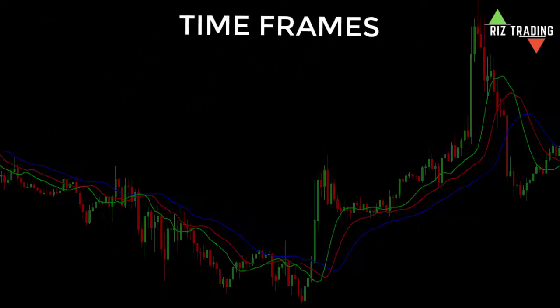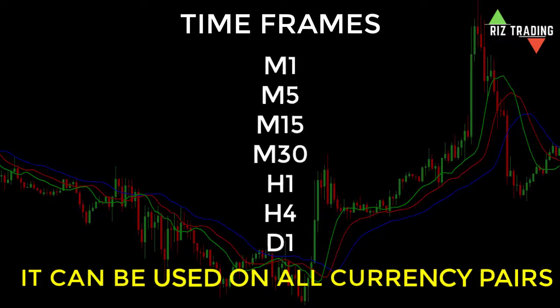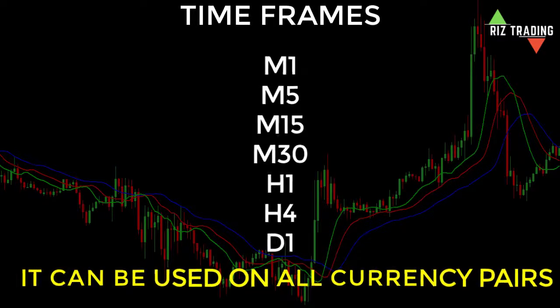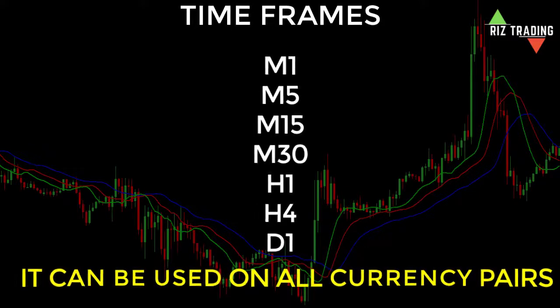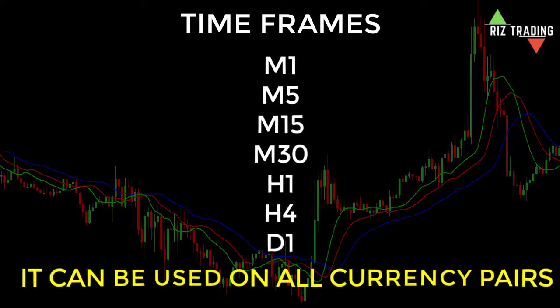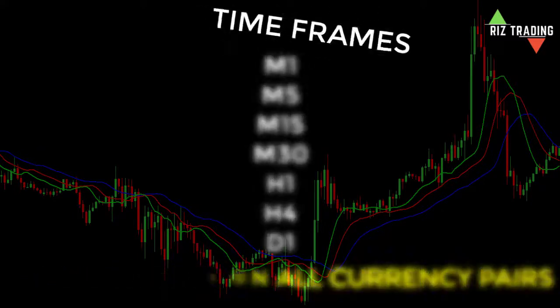You can use this on bigger time frames, but preferred time frames are 1 minute, 5 minute, 15 minute, 30 minute, 1 hour, 4 hour and 1 day chart. You can use this on all currency pairs.